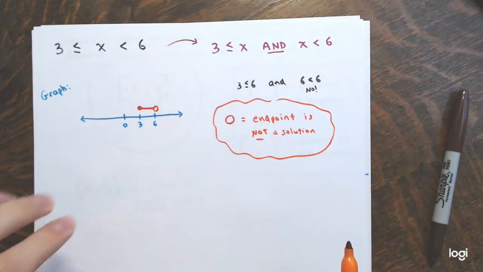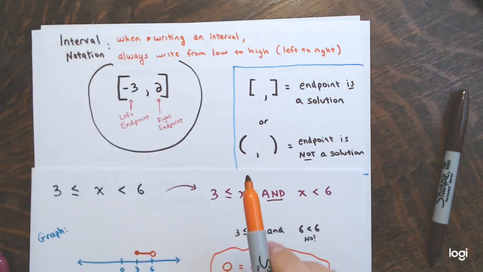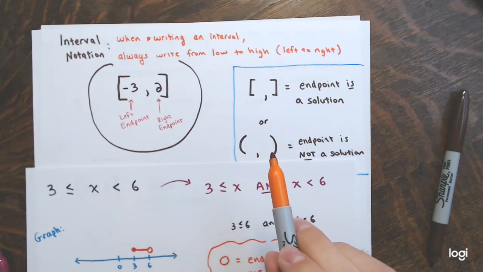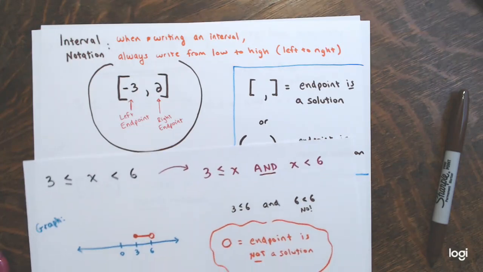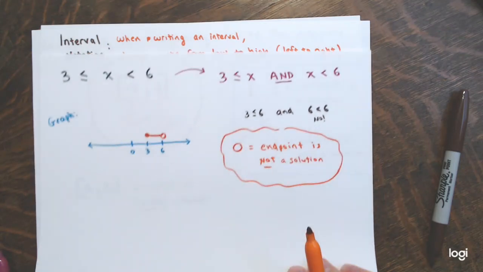And just like I mentioned in interval notation, a parenthesis will indicate also that an endpoint is not a solution.